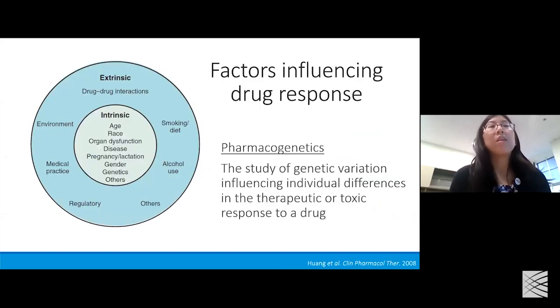There are many factors that influence drug response, both intrinsic and extrinsic. But for the purposes of this talk, we'll specifically focus on pharmacogenetics, which is the study of genetic variation influencing individual differences in the therapeutic or toxic response to a drug.